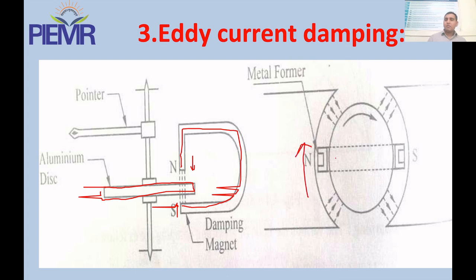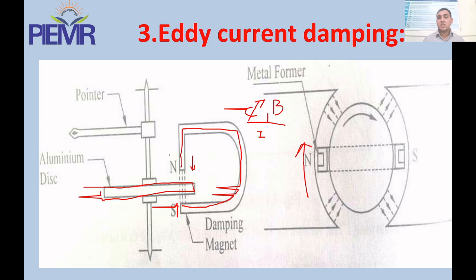Whenever electromagnetic damping is provided in the system, as the coil rotates, the conductor is variable and the magnetic field is fixed. Then an EMF and current will be produced in this damping coil. This damping provides a force that opposes the motion.